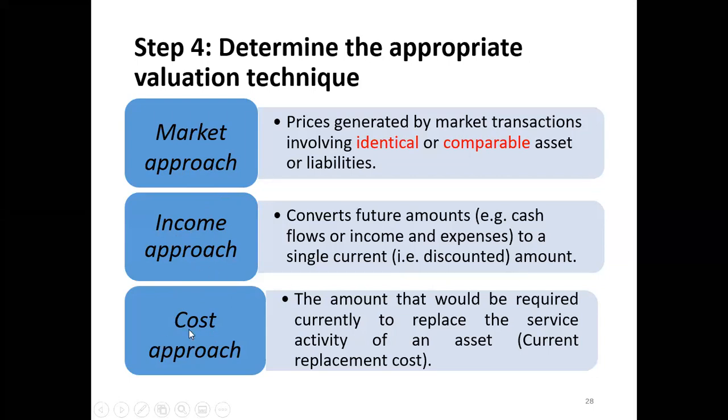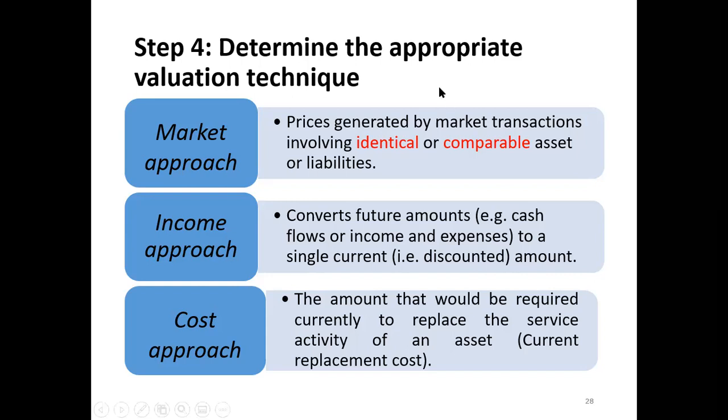But the market approach is a highly reliable source. In the market approach, the most reliable one is the quoted market price for identical assets. In a country like Sri Lanka, the only instance where we have a market for identical assets is the share price, right?